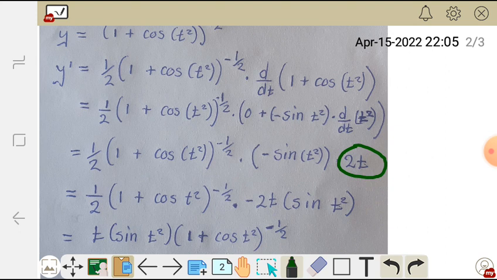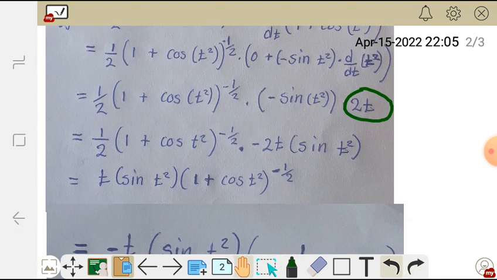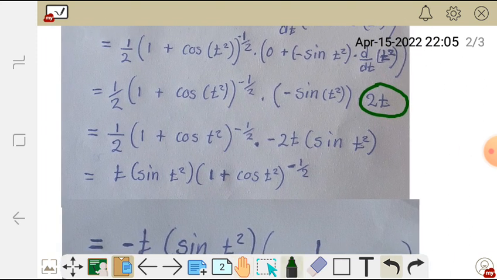So we have 1 over 2, (1 plus cos t squared) to the power negative half, times negative 2t sine t squared.